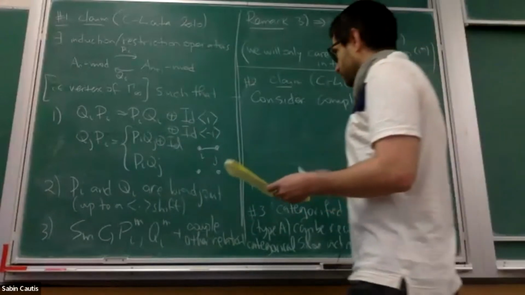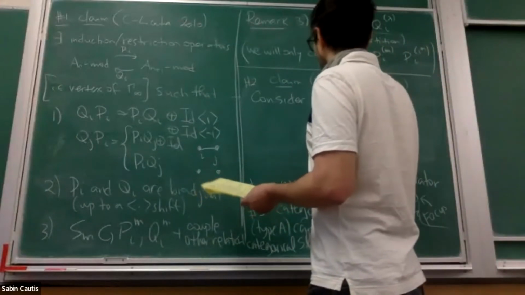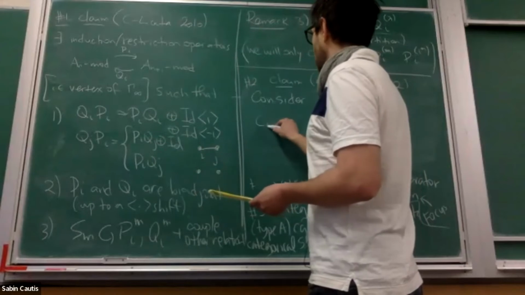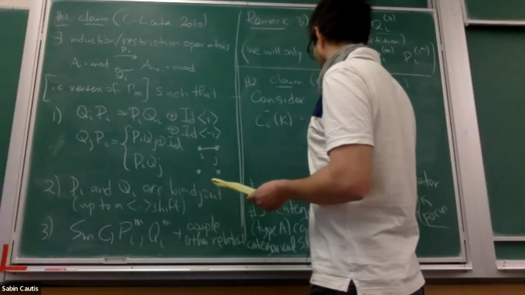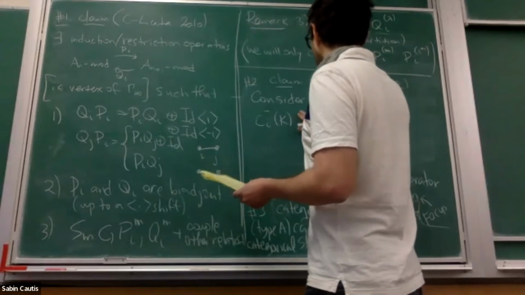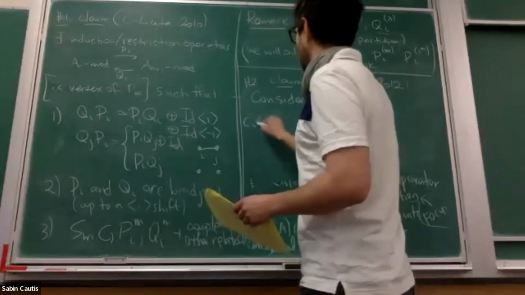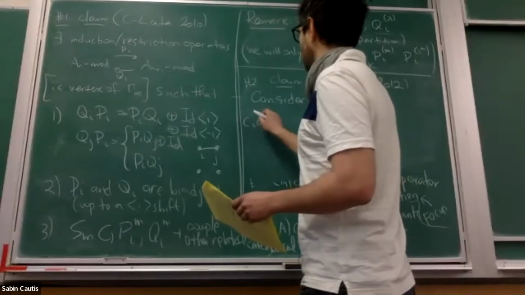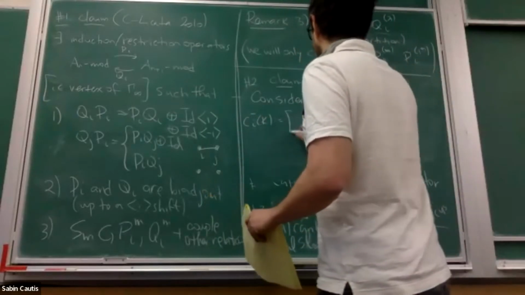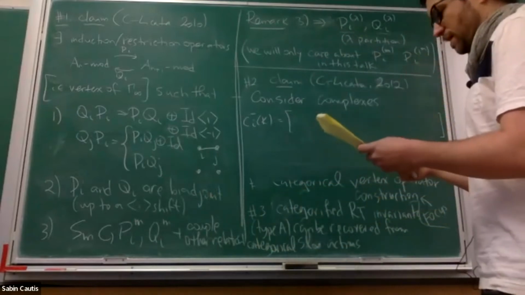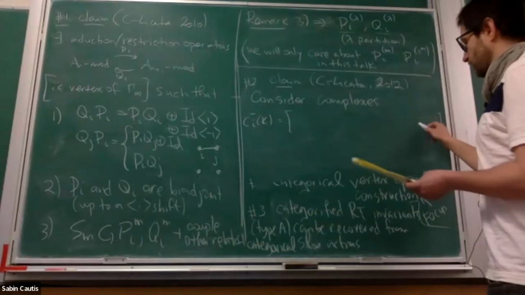So more specifically, if you have to write down something very concrete, it's the following. We consider the following complexes. I'm going to write Ci K for the following thing. It's going to be Ci minus and Ci plus, two complexes. The Ci minus is called minus because it goes up to infinity in that direction, at least in principle.